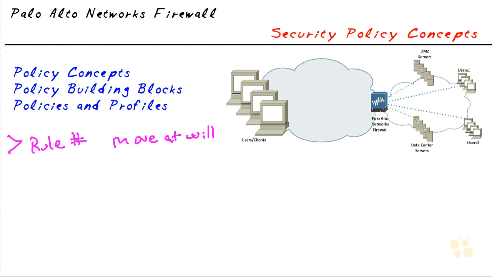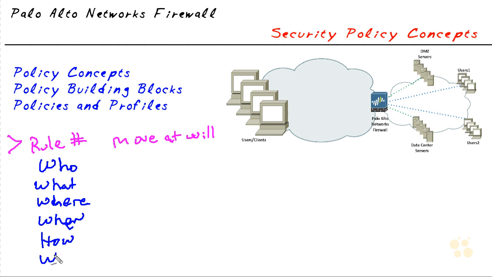You've got 6 basic questions that we have to answer: the who, the what, the where, the when, the how, and the why. Those are pretty much the questions that we need to have answered for these things.